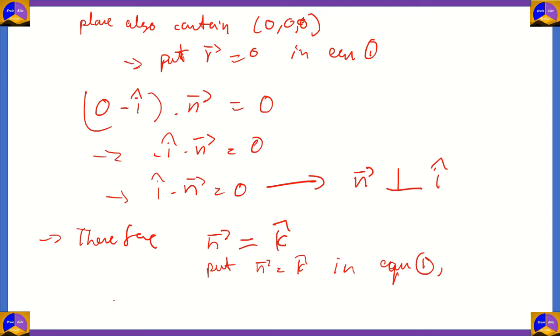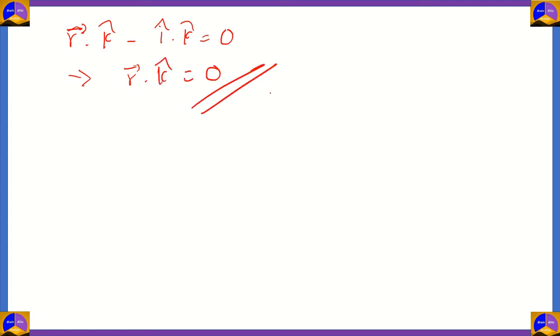So this becomes (r bar minus i cap) dot k cap equals 0. That means r bar dot k cap minus i cap dot k cap is equal to 0. i cap dot k cap is already 0, so r bar dot k cap is equal to 0. This is the final equation.